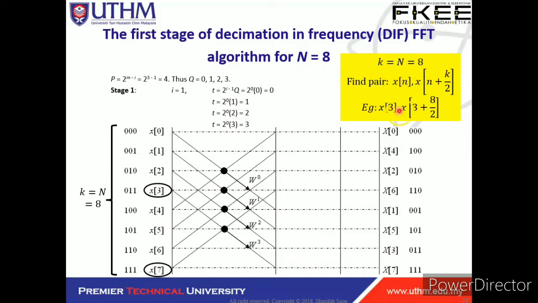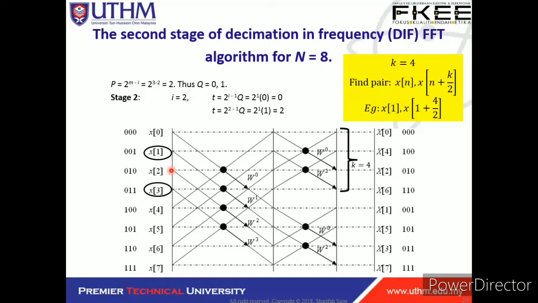So x3 will be paired with x3 plus 8 divided by 2, where we will have x7. So x3 here will be paired with the x7 point. You can try by yourself by calculating when n equals to 0, n equals to 1, and n equals to 2.